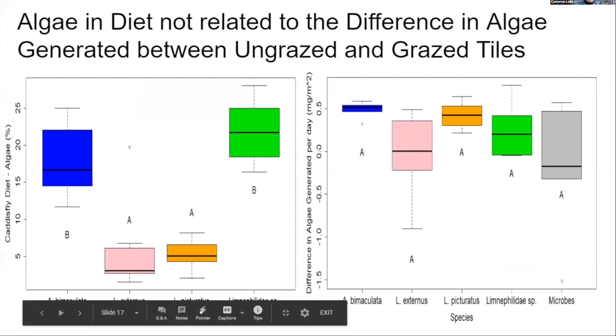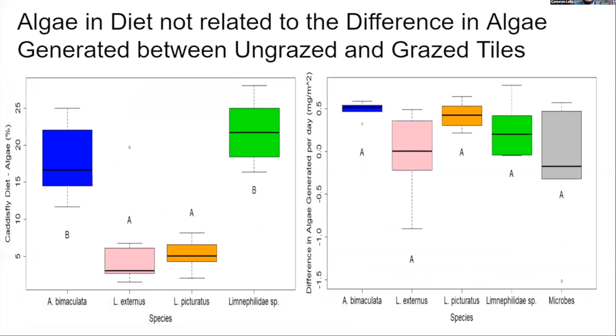We also saw that, on the left, we have the caddisfly diet composition of algae, and on the right we have the difference in algae generated per day. Caddisflies incorporate algae into their diet, and we see that Vermaculata and the limnophilid species used significantly more algae in their diet than the other species. The graph on the right shows the difference in algae generated between the ungrazed and the grazed areas.